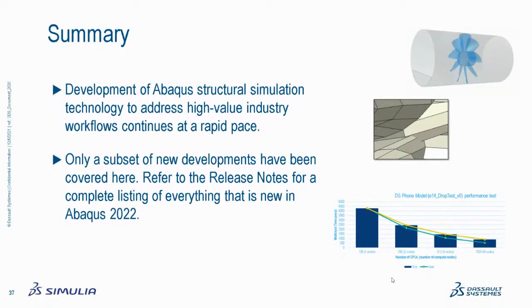Could you please elaborate a bit on the adjoint sensitivity enhancement? Is it compute speed or additional scripting interfaces? So what we're doing, and I can't get too deep into this right now, is computing sensitivities within the Abaqus solver. These sensitivities can then be used as output variables for topology and shape optimization, which is really the key use case.